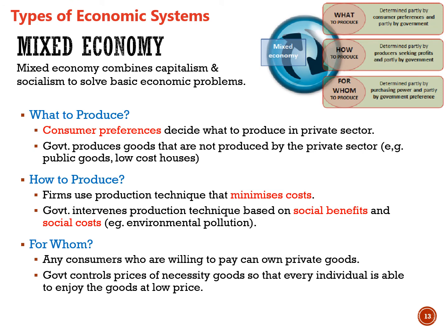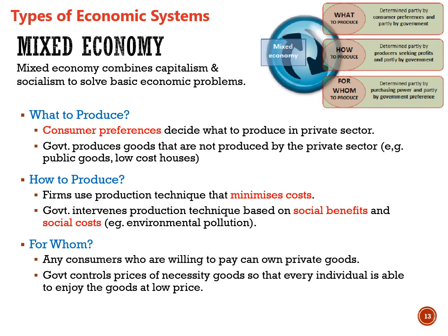Mixed economy combines capitalism and socialism to solve basic economic problems. Consumer preferences decide what to produce in the private sector. The goods that are not produced by the private sector are produced by government. These include public goods and low-cost houses. In answering the how to produce question, private firms use production techniques that minimize cost.